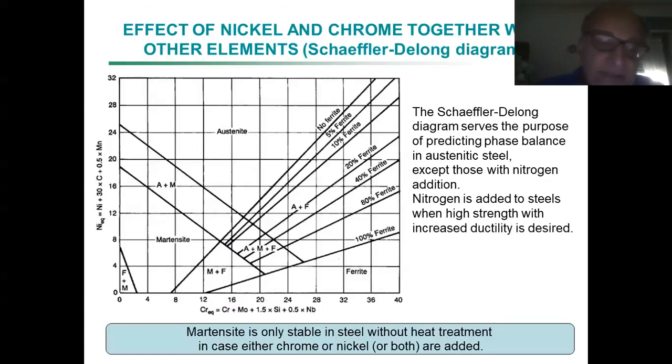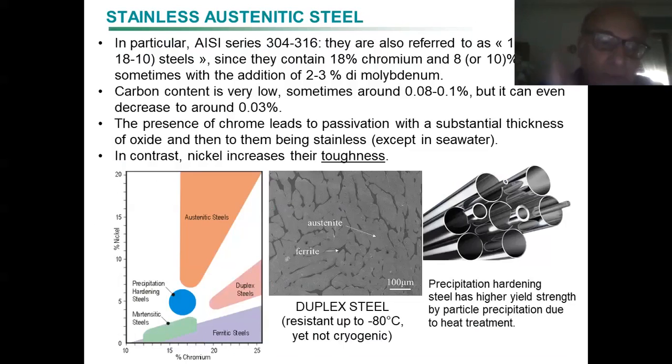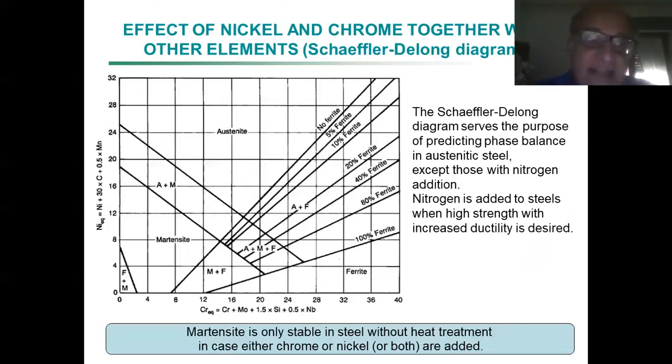The previous graph was a quite industrial one, which was intended to show the layman where each kind of steel sits, so magnetic, ferritic, and so on. In this case, we are more precise. You can see that the style is different, and we are more precise in terms of martensite, austenite, and ferrite.